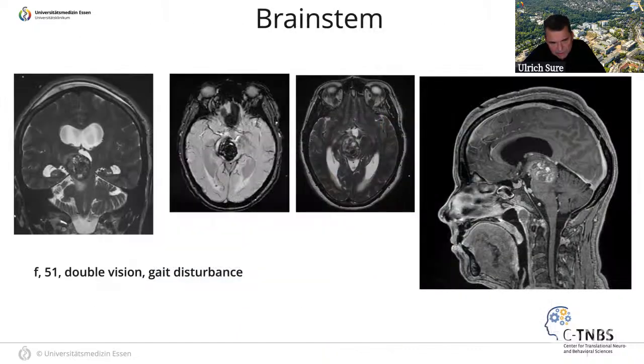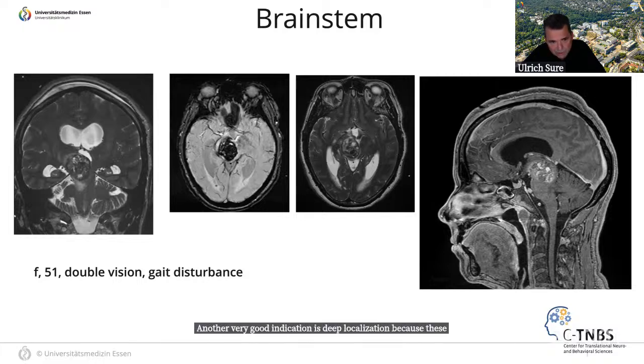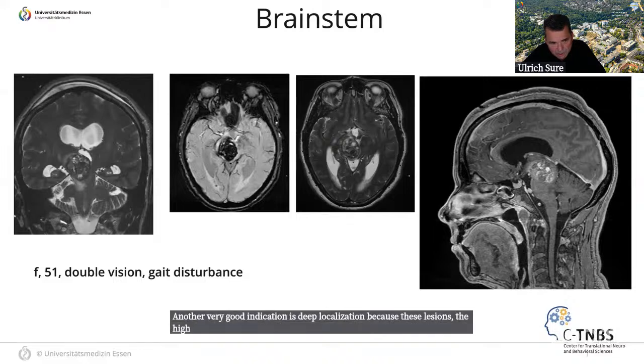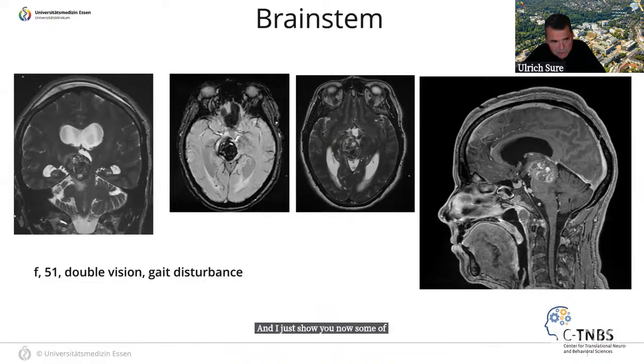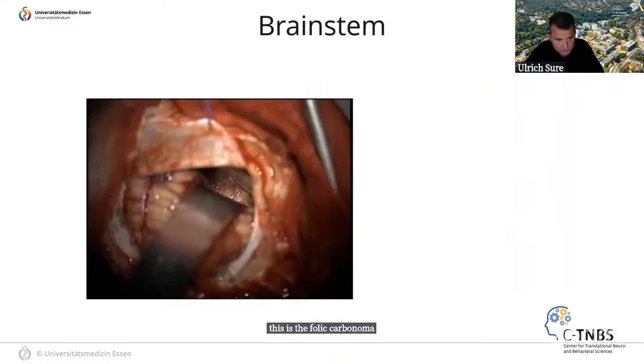Another very good indication is deep localization, because these lesions bear the high risk for rebleeding. And I just show you now some of the cases. You see here a mesencephalic cavernoma reaching the surface at the dorsal rim of the mesencephalon and pons.